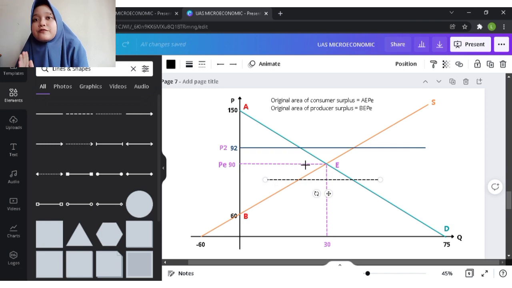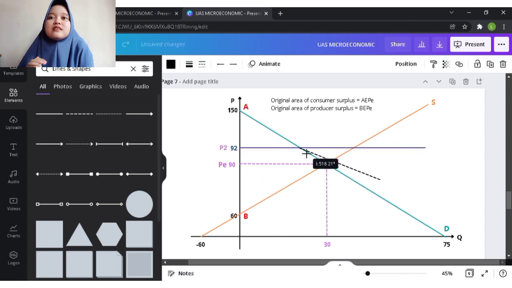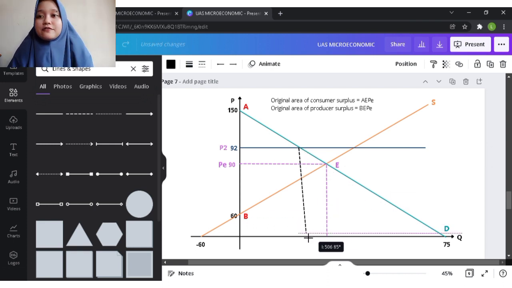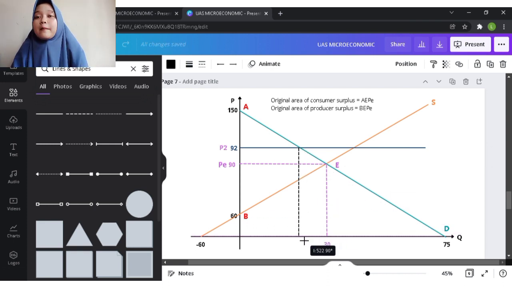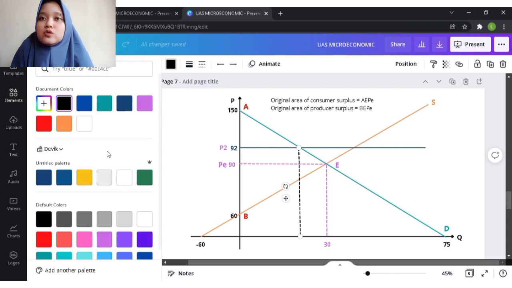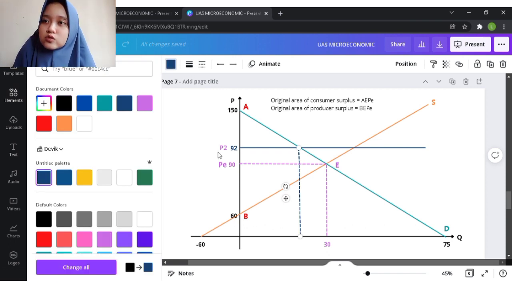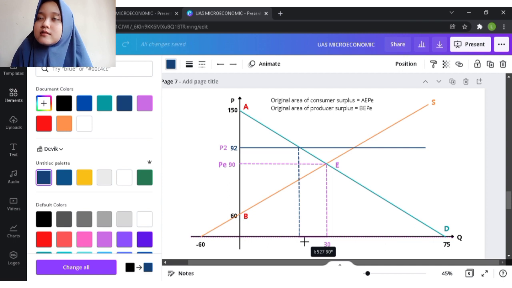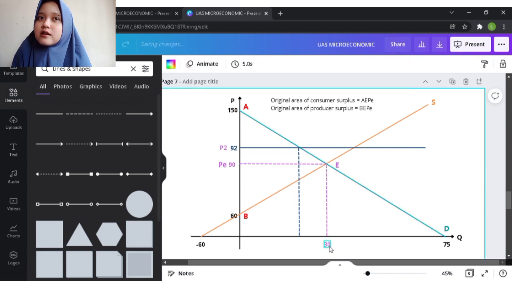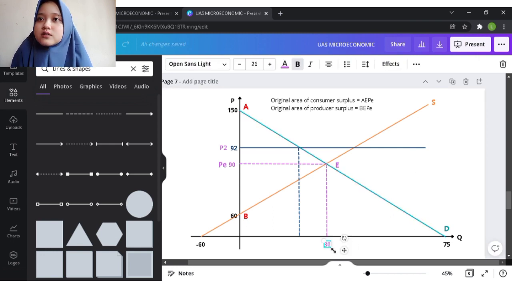But of course, when the price is higher than equilibrium, it can affect the quantity the consumers are able to purchase. If the price is 92, then based on the law of demand, hukum permintaan, the quantity decreases if the price increases, right?